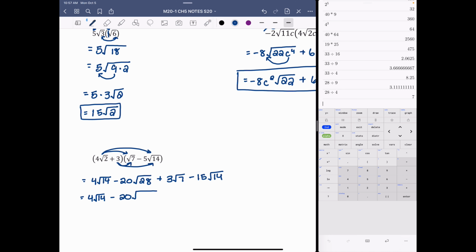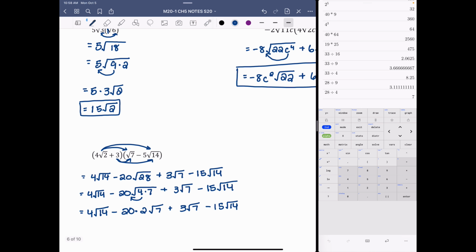So we can write this as 4 times 7 under the root, plus 3 square root 7. 7 is a prime number, so it's not going to be able to be simplified, and then minus 15 square root 14, we already said can't be simplified. So we can square root the 4, and we get square root 14 minus 5 times 2 square root 7 plus 3 square root 7 minus 15 square root 14.